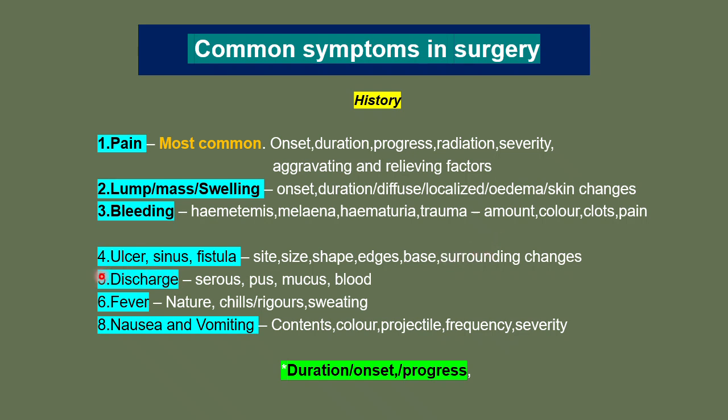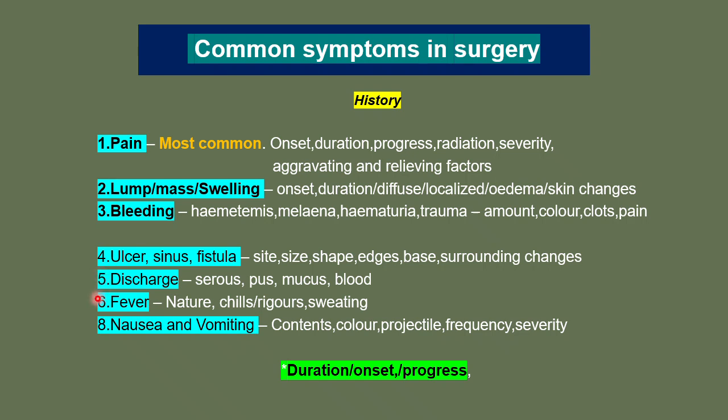Next is discharge, and once there is some discharge, it is important to document whether it is serous, pus, mucus, or blood. Bloodstained discharges are always very significant because it could be the precursor to a malignant lesion underneath.